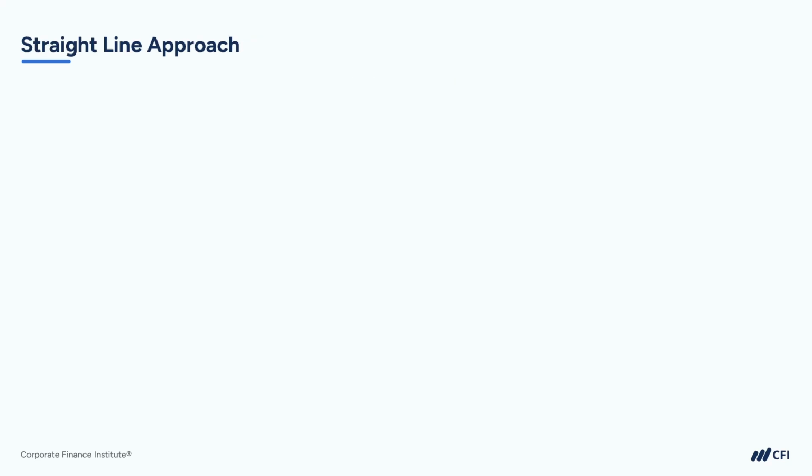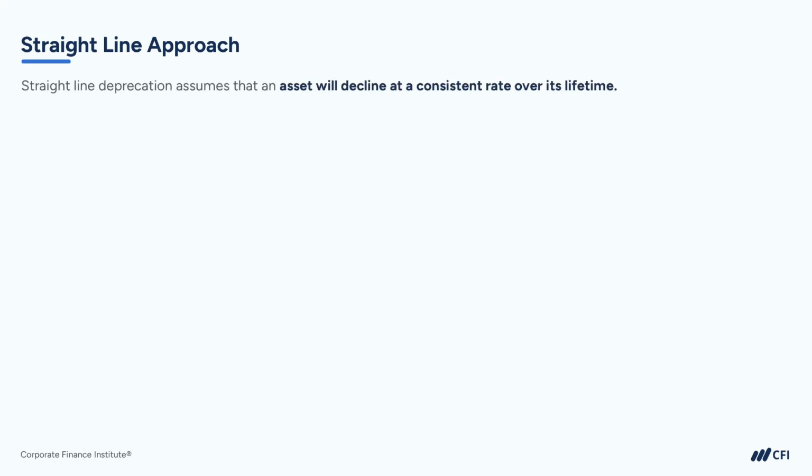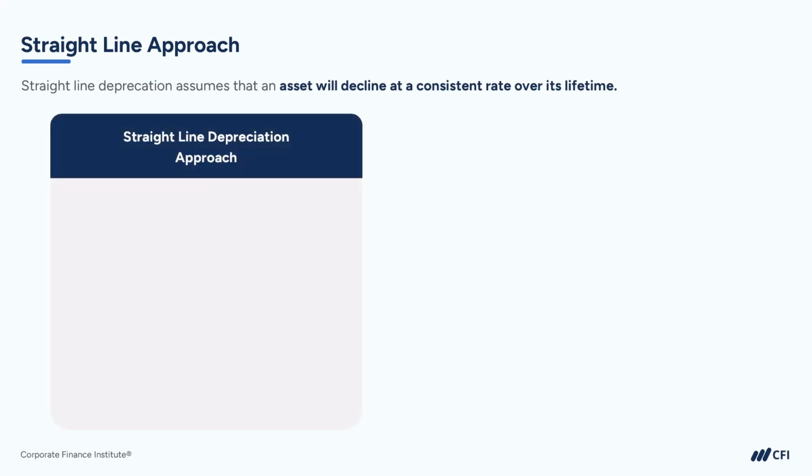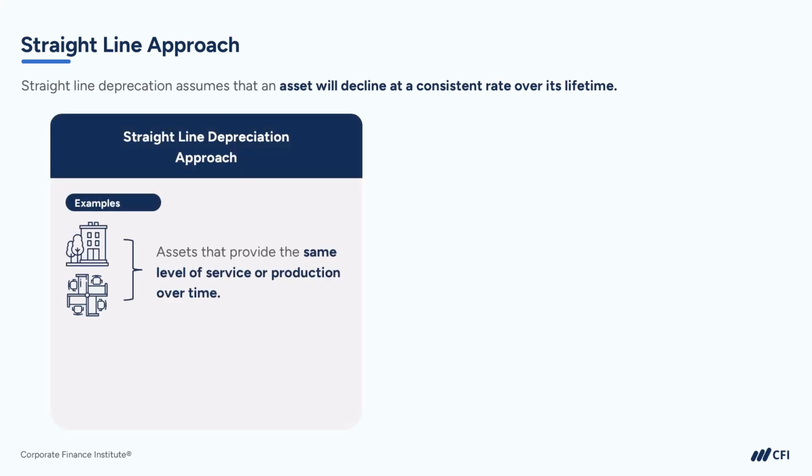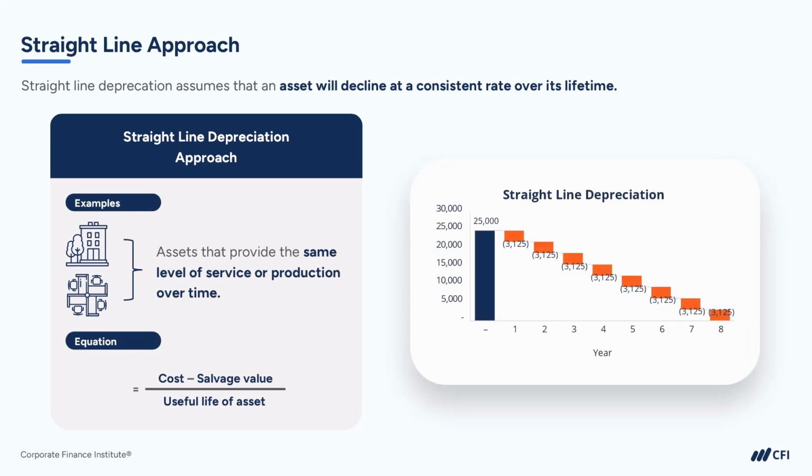By far, the most common depreciation approach out there is something called straight line depreciation. This approach assumes that the asset will be used in the business really consistently over its useful life. So here we have an example of an asset that costs $25,000, has a useful life of 8 years, and is assumed to be worth nothing at the end of its useful life.